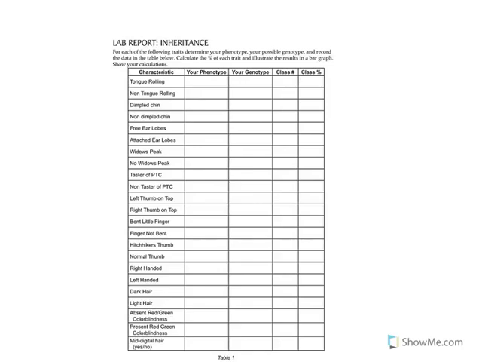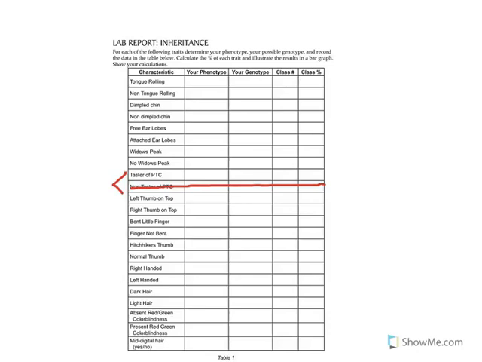So fill this out for your lab, because you are not going to get to do this in lab. So, taster of PTC versus non-taster of PTC. It looks like I'm working with those rows right there. Well, I tested PTC, so I'm going to go ahead and X out the non-taster of PTC. You're going to do this for every trait. You're only going to fill out one row per trait, so you're going to X out one of the rows.